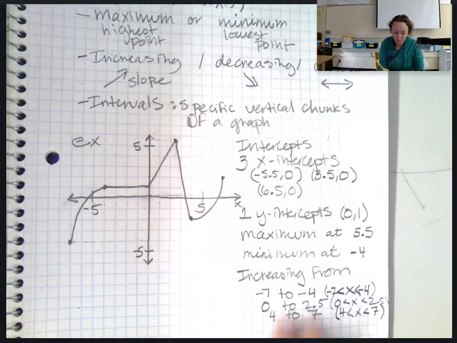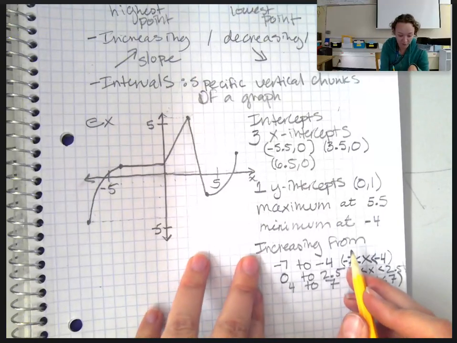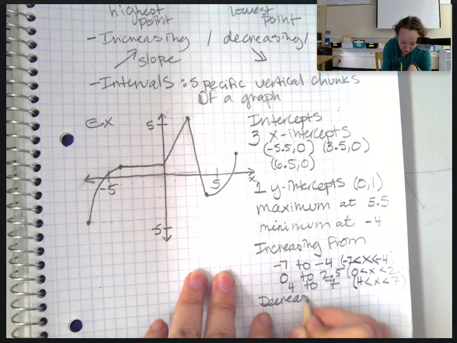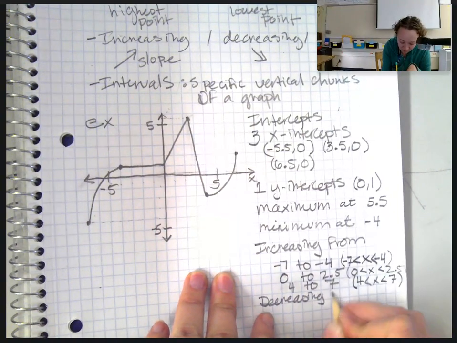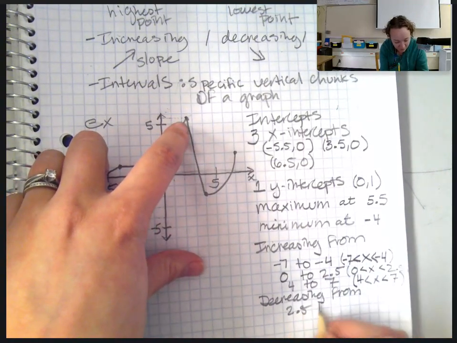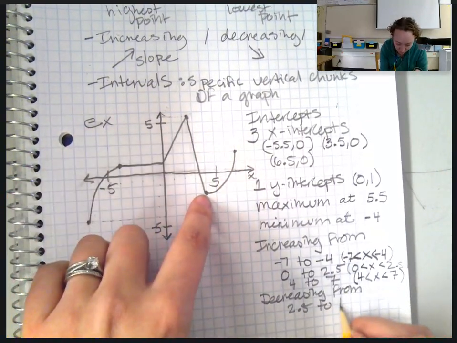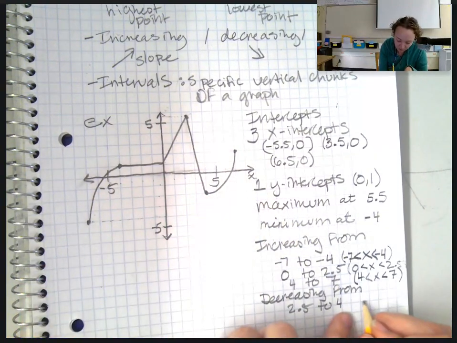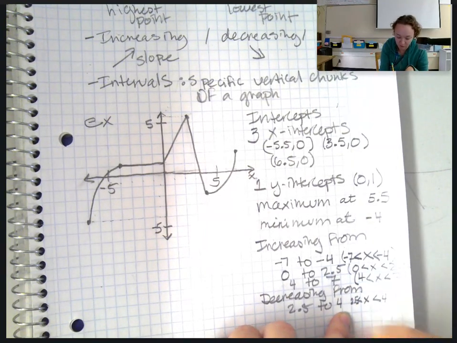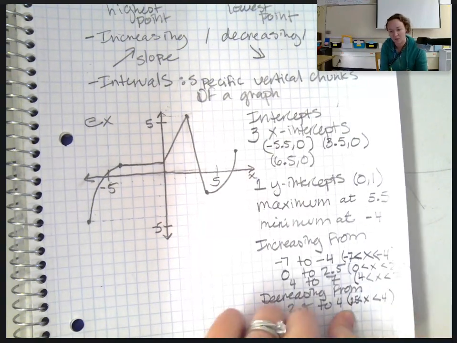Okay. And then we also have a decreasing interval. So it's decreasing from 2.5 to 4. So that would be when x is greater than 2.5, but less than 4 would be the other way to say that.